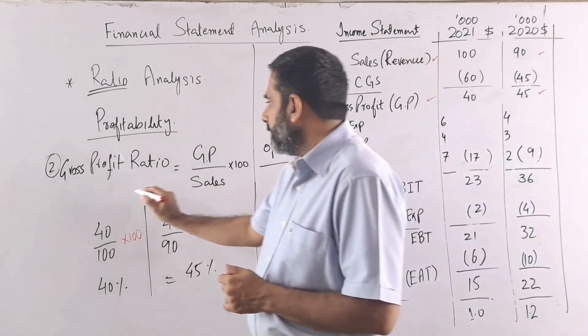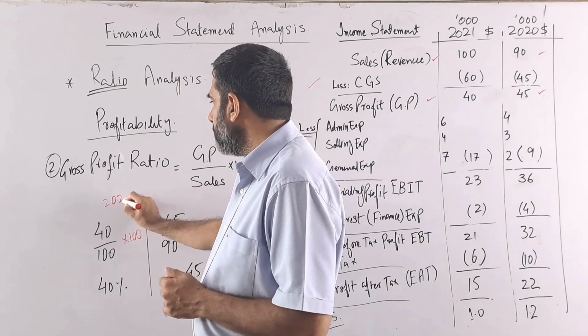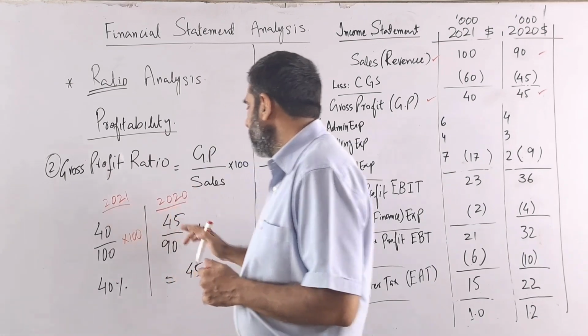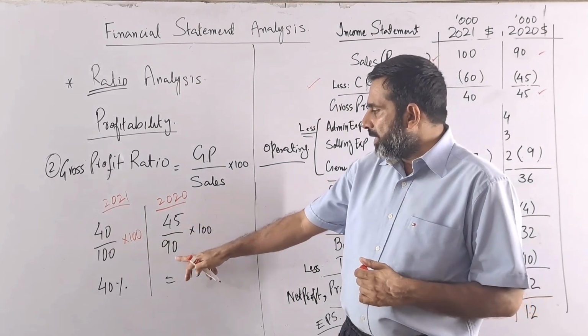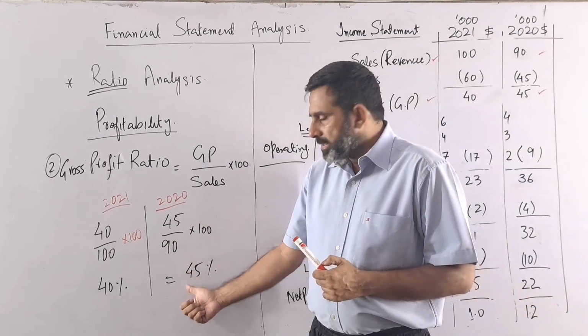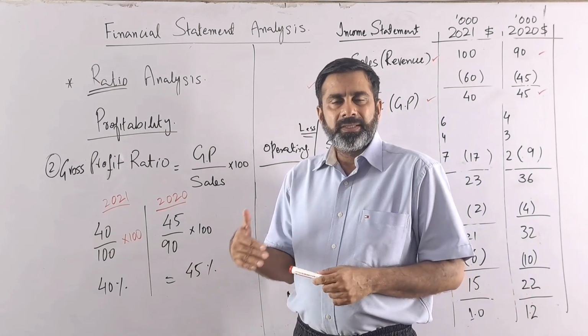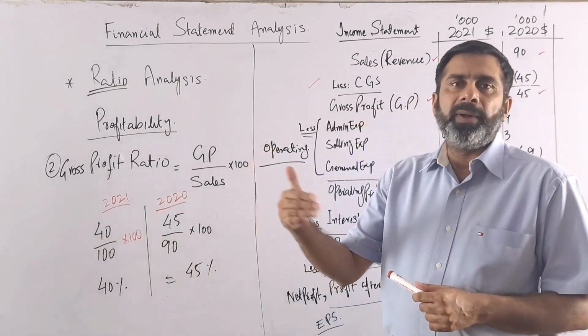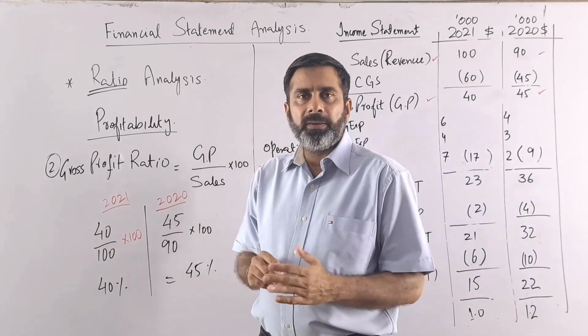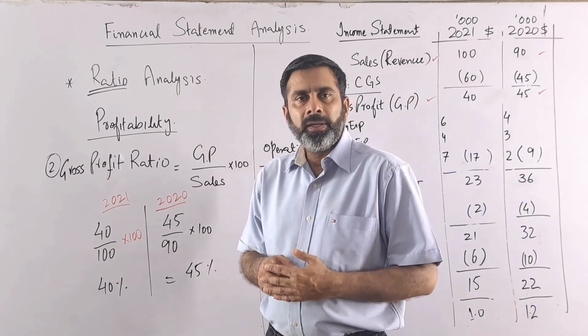In which year? That is 2021. But in the previous year it was 45 divided by 90, which is 45%. The higher the profit, the better it is. So we can say that the performance of the company in this regard is not very good.